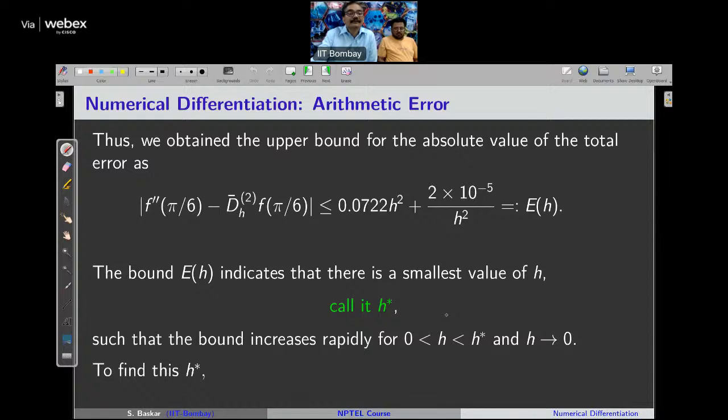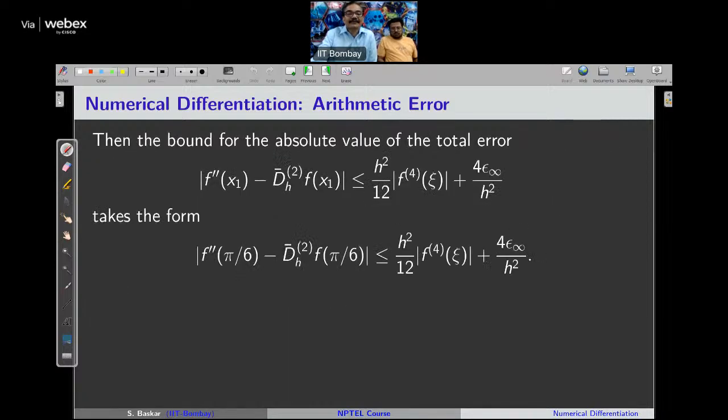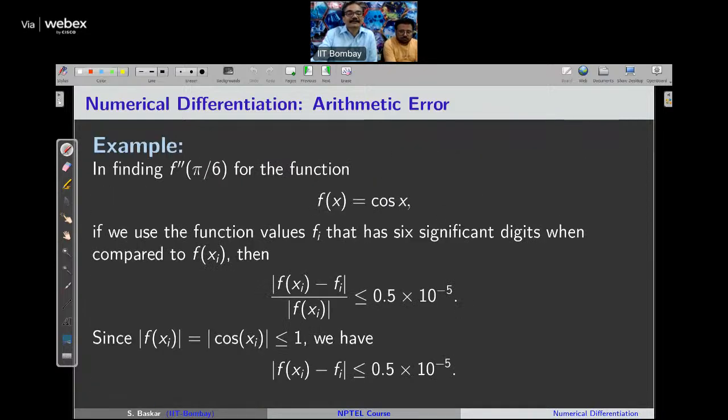Yeah. Okay, so in the class, we did the same problem, f of x equal to cos x, but we tried to use the central difference formula for f double dash of pi by 6. If you go through this part, which is also there in the class notes, you will get an idea of how to do such problems.